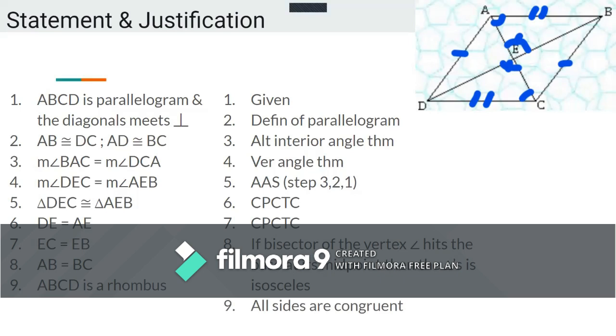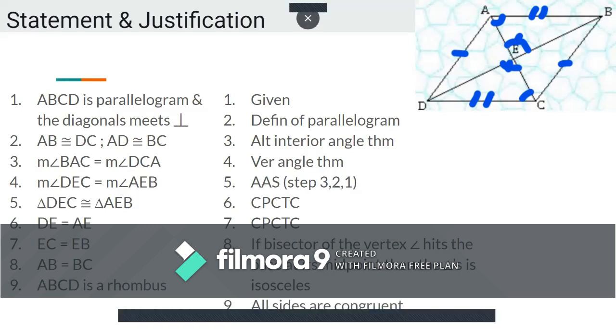Since you figure out the isosceles, these two lines of the isosceles, AE and DE, are congruent to each other, so these angles have to be congruent to each other too.